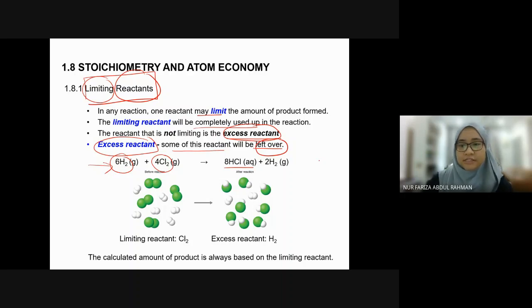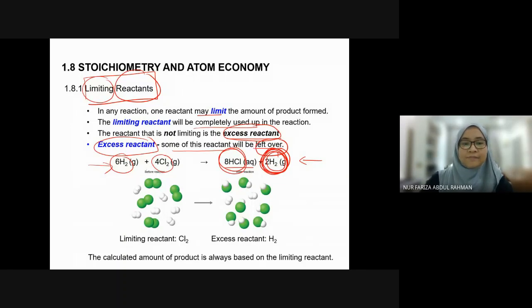Because as you can see, at the end of the reaction, there is a remaining or leftover of hydrogen gas. There are 2 mole of hydrogen gas that remain after the reaction has finished. So this is the product that we want, and this is the leftover of the excess reactant.